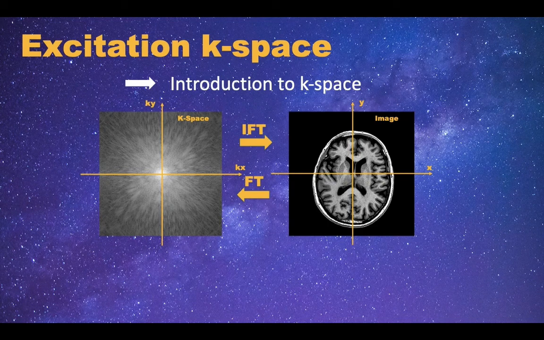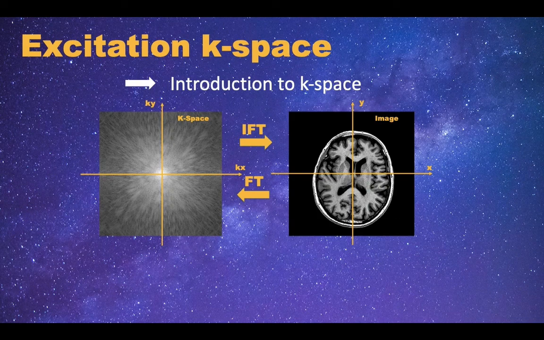To understand the principle of excitation K-space, one would need some basic knowledge of the K-space. For that, I recommend you to the other video of our lab, Introduction to K-space by Chen-Yang Zhao. Basically, the K-space is the Fourier transform of the image, and the image is the inverse Fourier transform of the K-space. And so, we can control the image contrast acquired by directly controlling the K-space data through the MRI sequence.